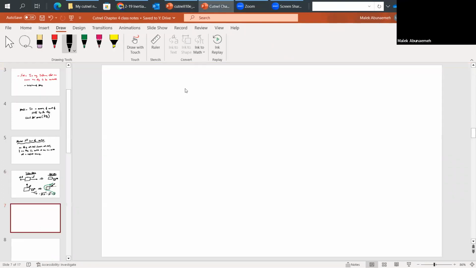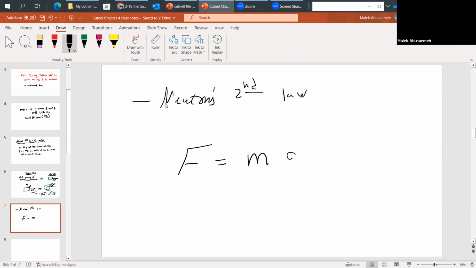So coming over here, Newton's second law. Your force is going to equal your mass times your acceleration.